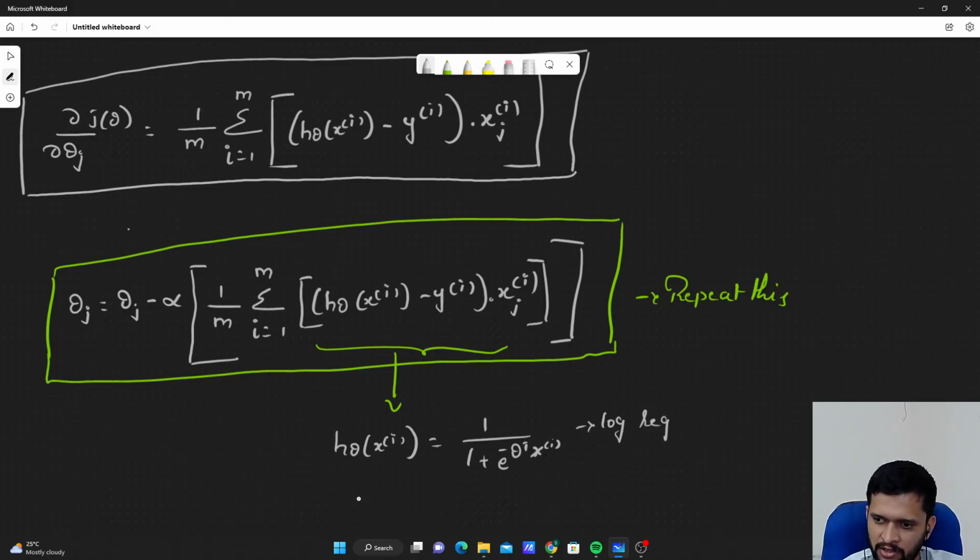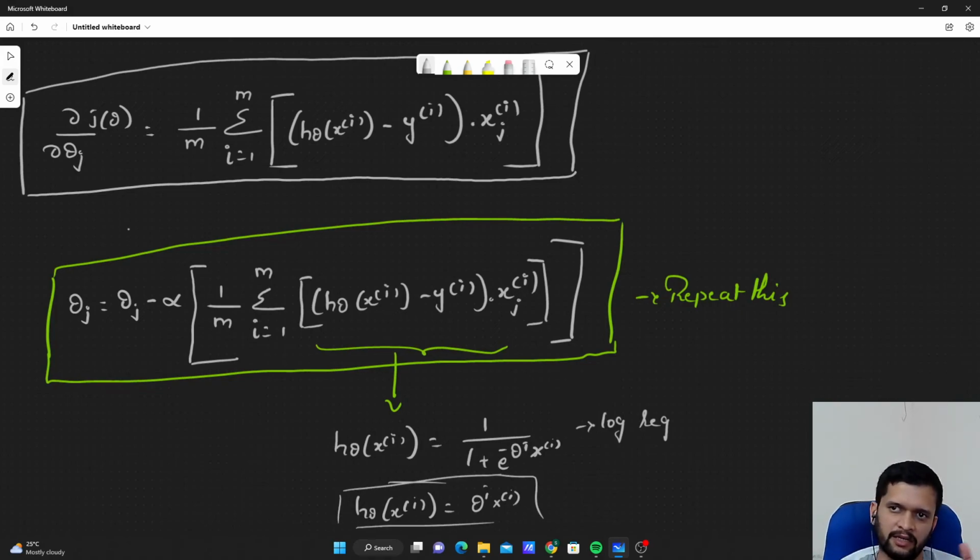But in linear regression, h theta of xi is equal to theta transpose xi. This is the main difference between logistic regression gradient descent and linear regression gradient descent.